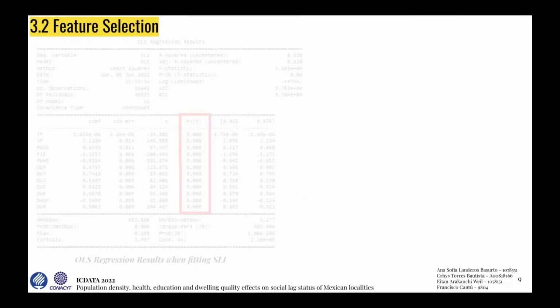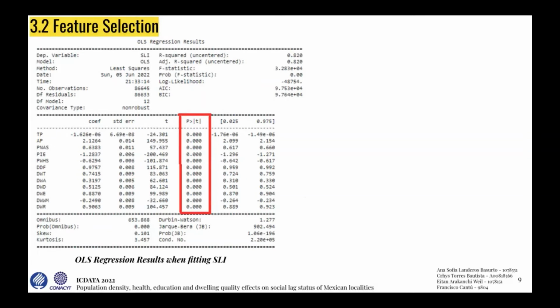The feature selection part consisted of doing an ordinary least squares regression to understand how significant each factor was in explaining the social lag variability. And as seen, all the variables and factors considered in the analysis were significant in explaining the social lag variability.